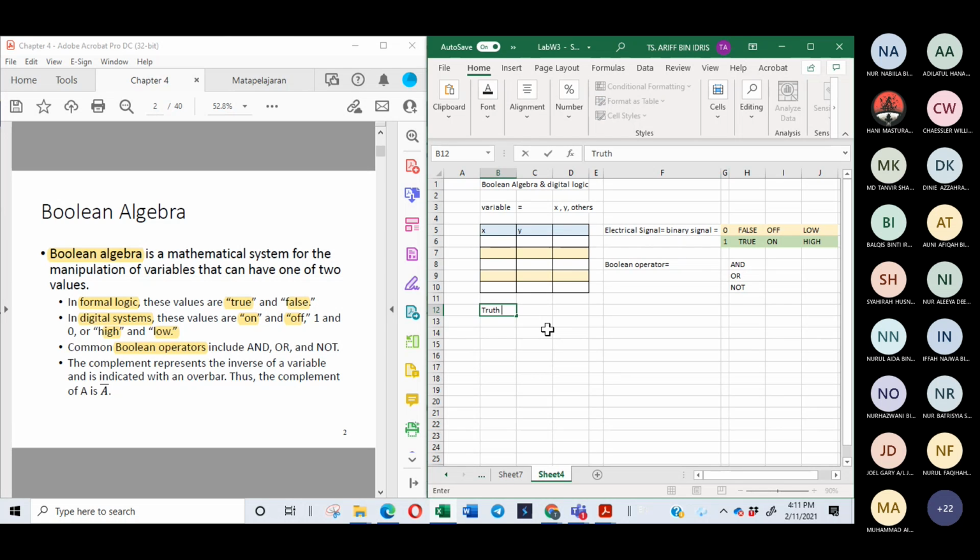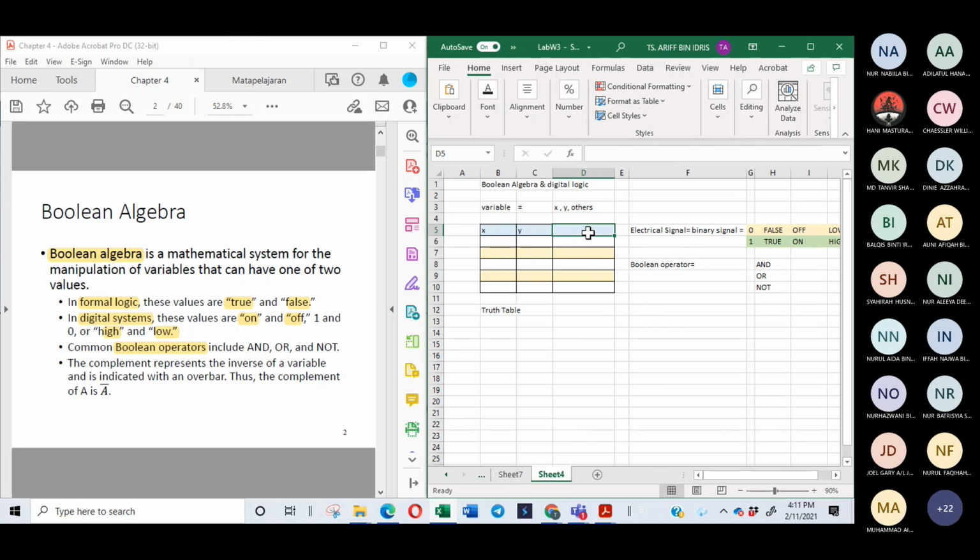You can copy it. So we have two variables, and we have an empty right-hand side column. This column is where we normally put the Boolean operator.